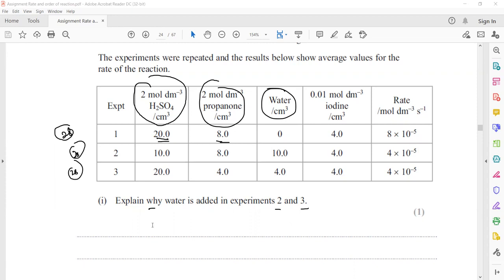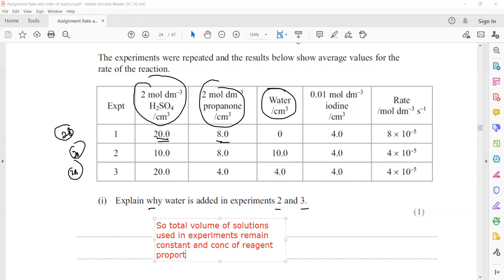So the total volume of solution used in the experiments remains the same, and the concentration of the reactant or reagent is proportional to the volume used in the mixture.